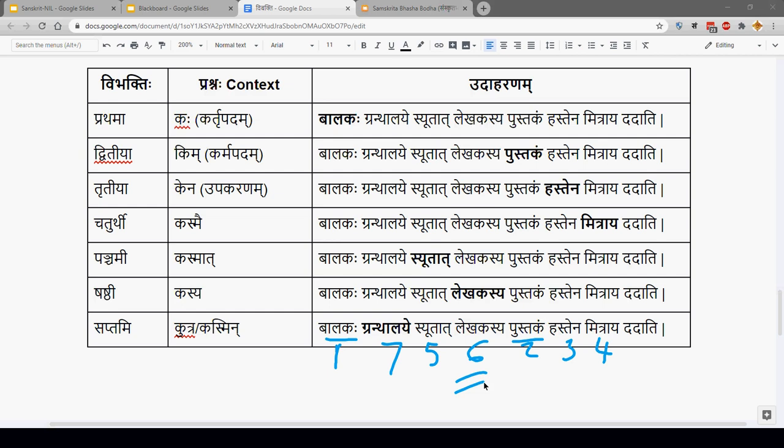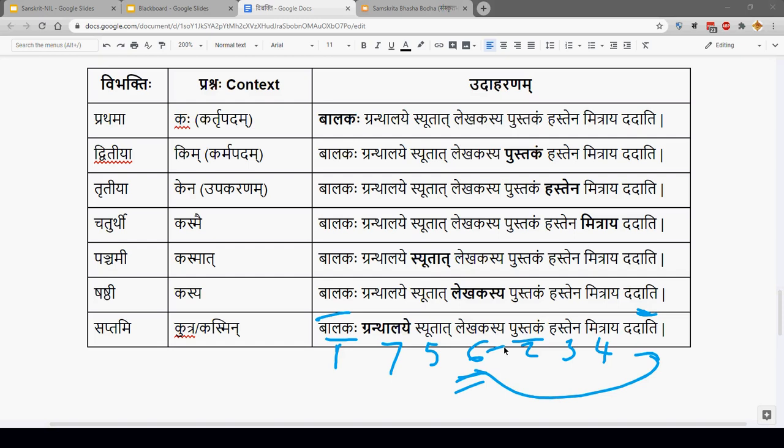That is the thing we need to know from this exercise. Except 6, the case endings 1 through 7 all indicate the role with respect to the kriya padam, or the verb, in a sentence. But the sixth case ending has nothing to do with the verb. It is in relation to some other noun.